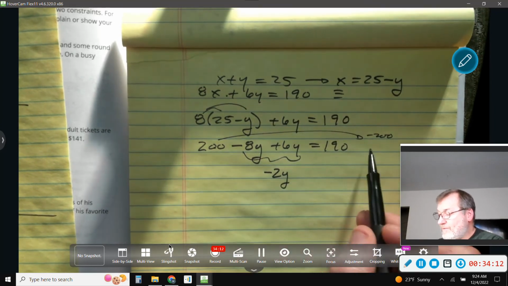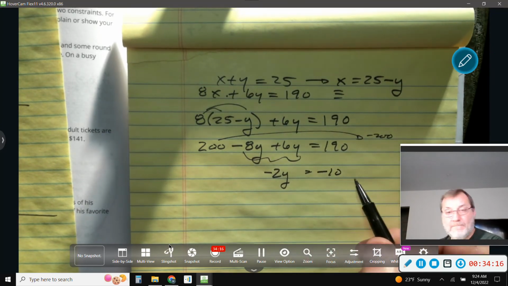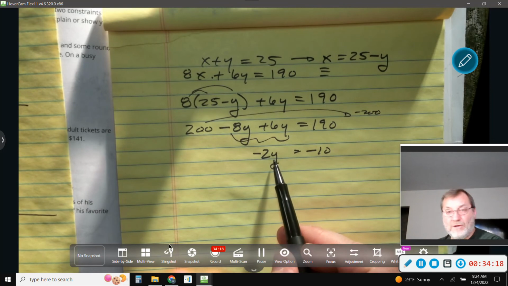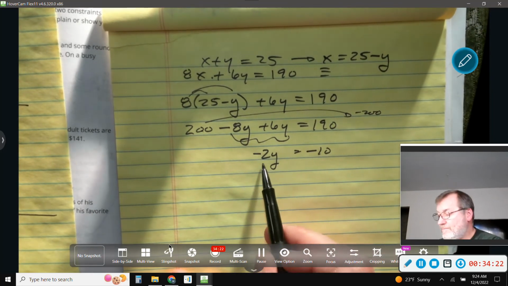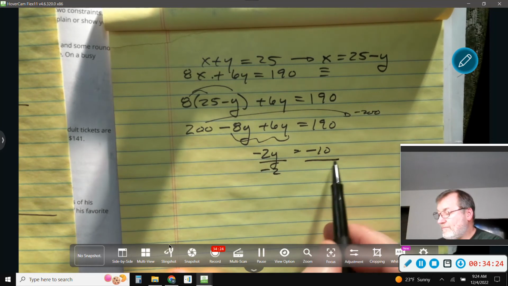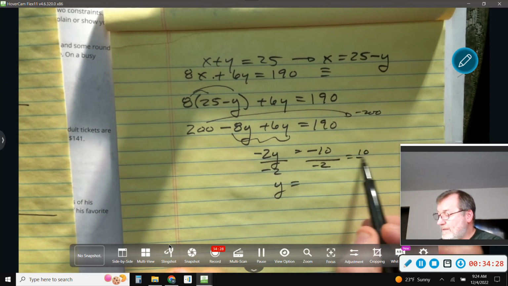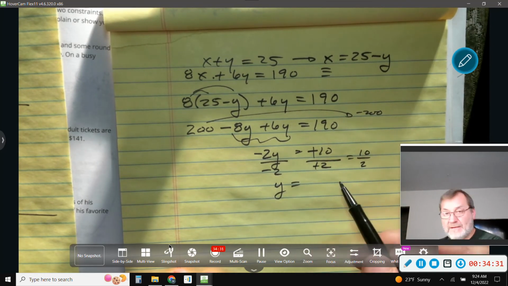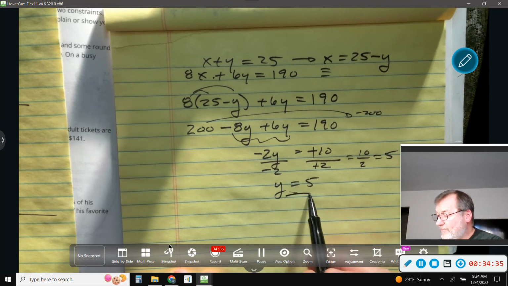And when I move this over, I have 190 minus 200, so that's negative 10. I want to solve for y. I'm going to divide by the coefficient of the unknown. Divide both sides by negative 2. Y equals, well, that's the same as 10 divided by 2 because the negatives cancel out, which is 5. So now you have y equals 5.